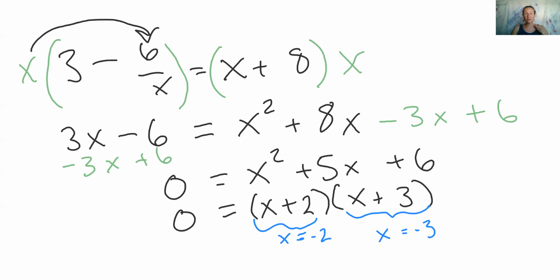So the very last step that you want to do when you have rational equations is go back and check that none of your solutions make the denominator 0 in the original equation, okay? Because then it actually can't be a solution, okay? So let's go back to our original equation, where we've got 3 minus 6 over x equals x plus 8.